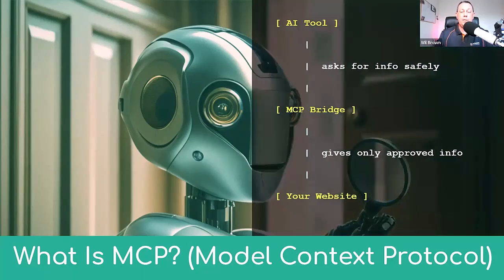So if you remember one thing from this slide, it is that MCP is the new, safer way for AI to get the right information from your website without risky guessing or hacks or just completely getting it wrong. It's the future version of plug and play for AI tools. And WordPress is getting ready to speak this new language. It's coming soon.